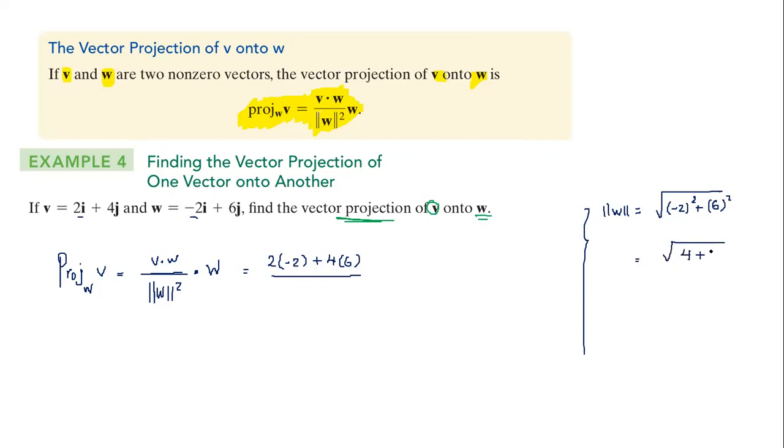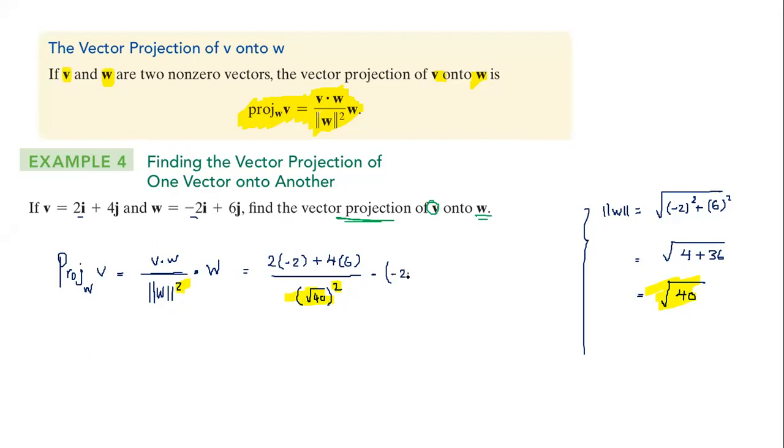4 plus 36, which equals radical 40. Leave it as a radical. Because it's squared, we have to write radical 40 all squared. Right here we found the magnitude of vector W. Then multiply by W. What is W?